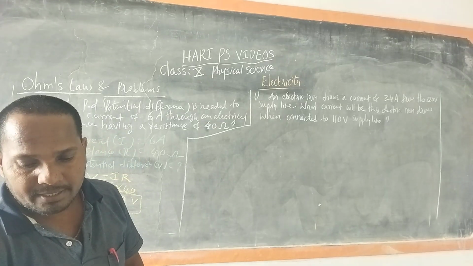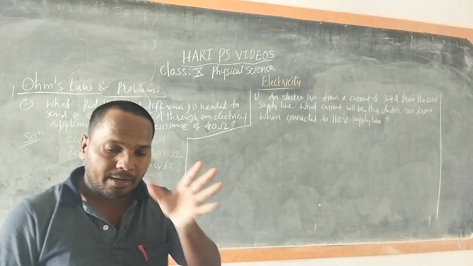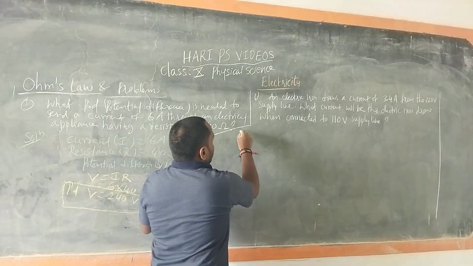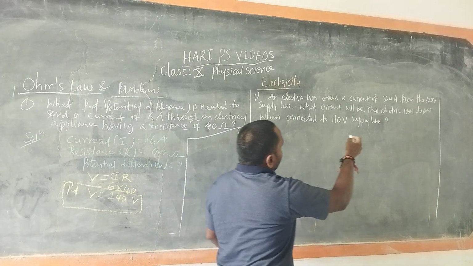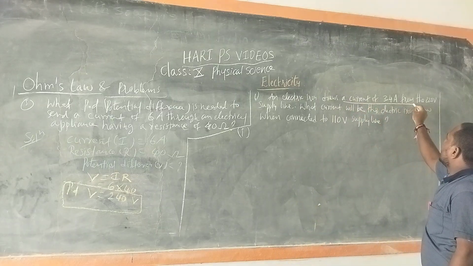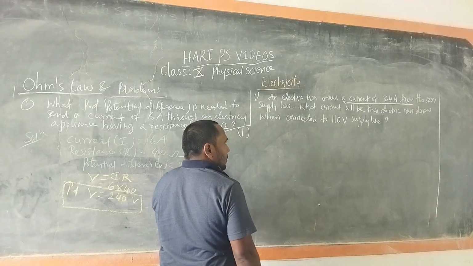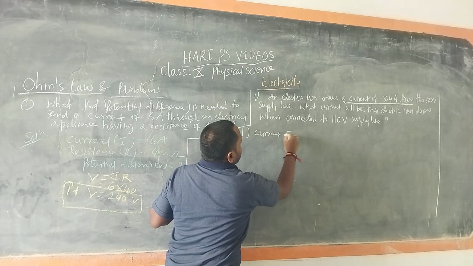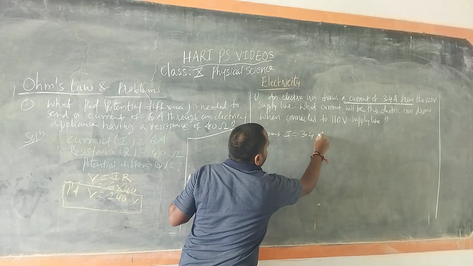Now the first case: the electric iron draws a current of 3.4 ampere. So current I is equal to 3.4 amperes.